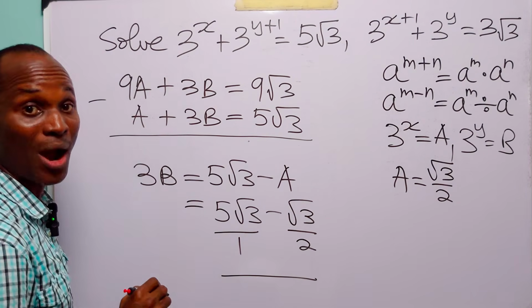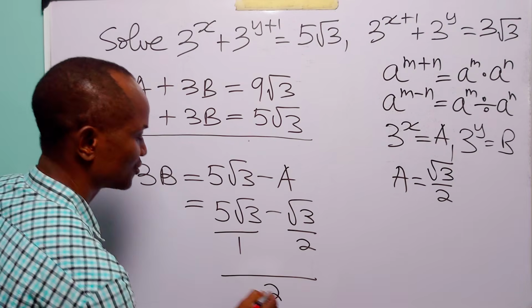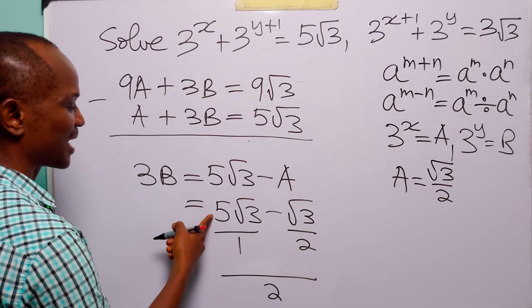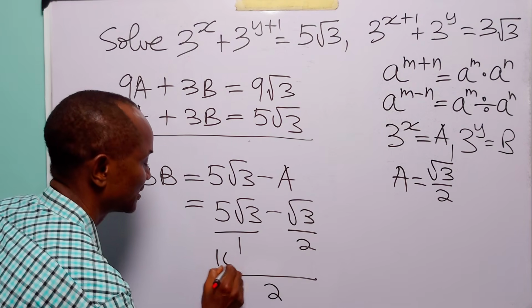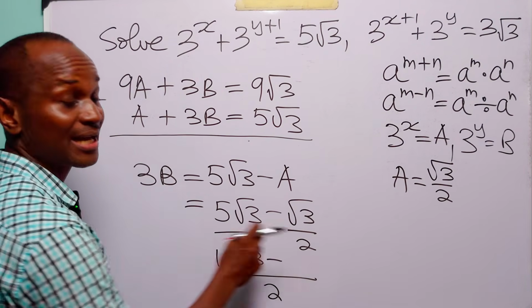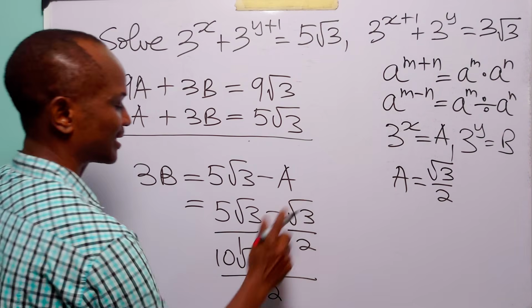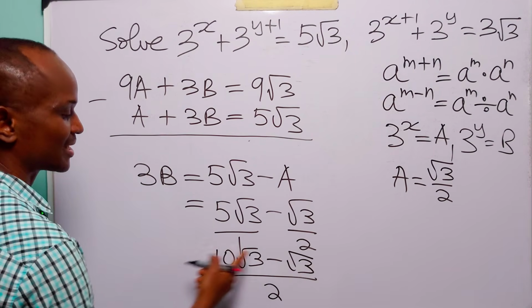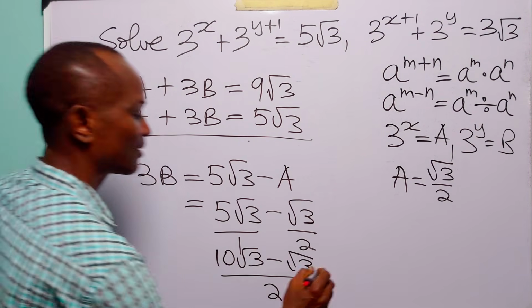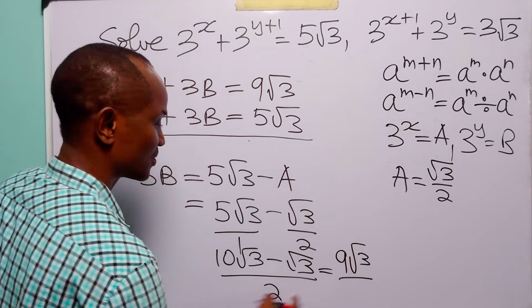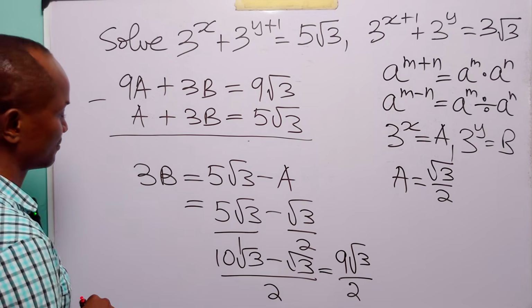The LCM of 1 and 2 is 2. 2 divided by 1 is 2. Multiplied by 5 root 3, we have 10 root 3 minus 2 divided by 2 is 1. 1 times root 3 is root 3. 10 root 3 minus root 3 is equal to 9 root 3. And of course, we have divided by 2.